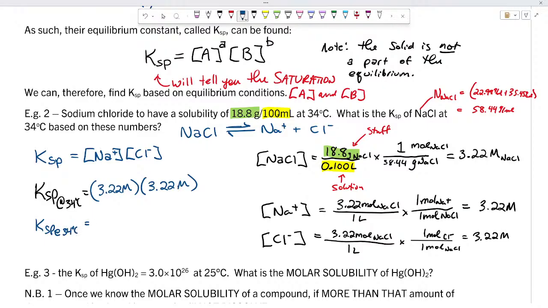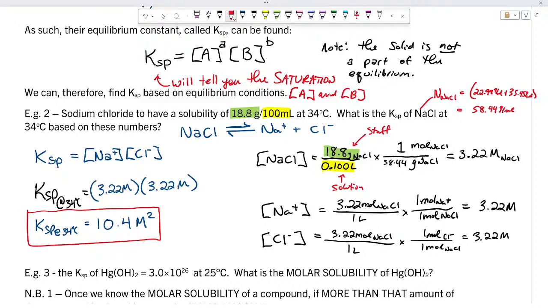Obviously, it's going to be more than 9, but kind of like 9. 10.4? Okay. And what will the unit be? Molar squared. Good. Because 3.22 times 3.22 is 10.4, and molar times molar is molar squared. There we go.